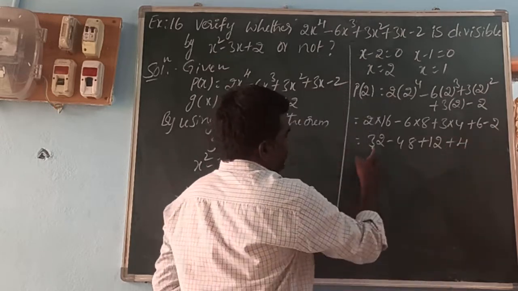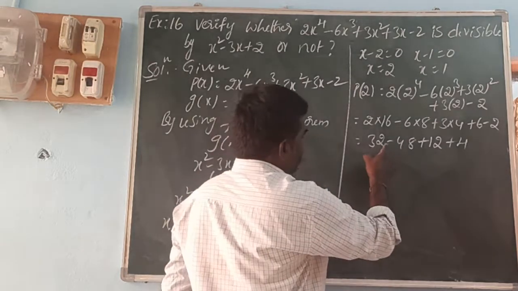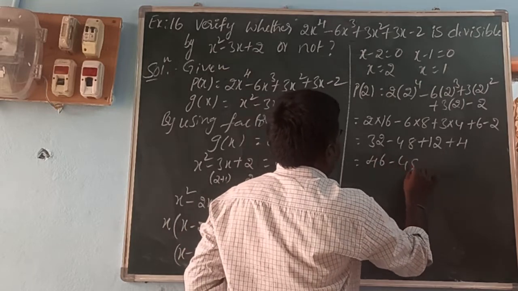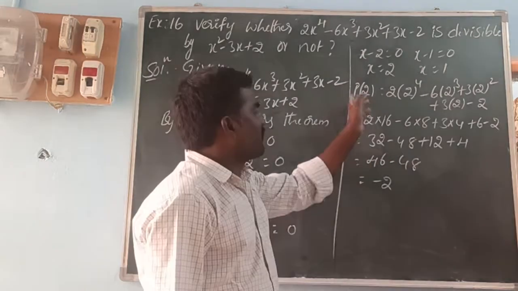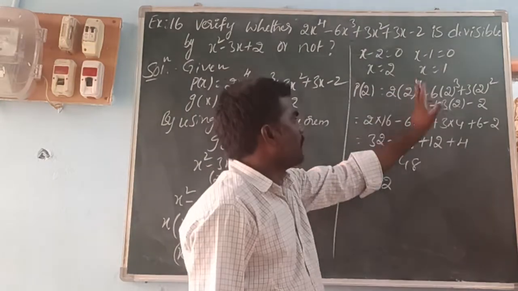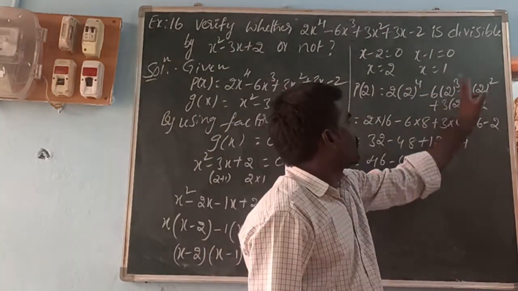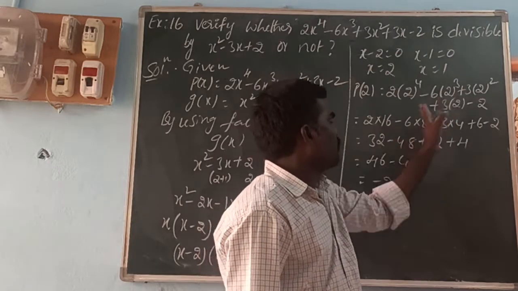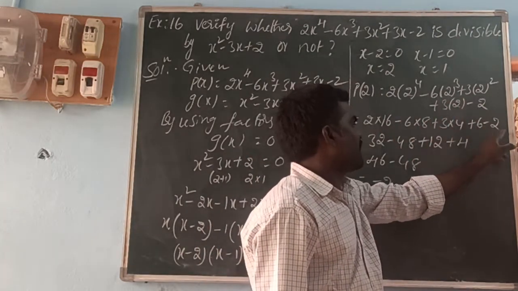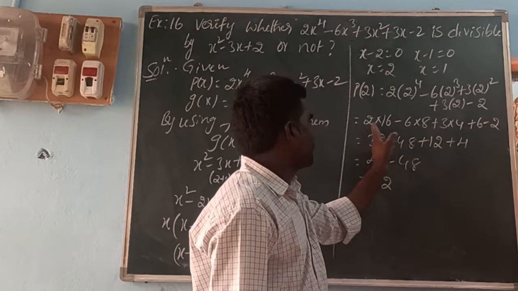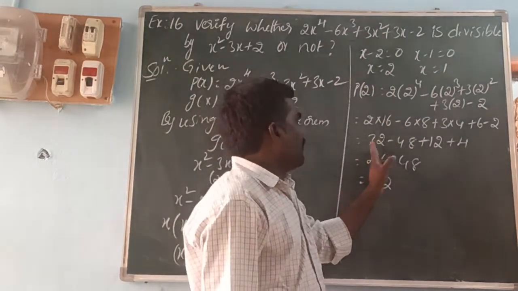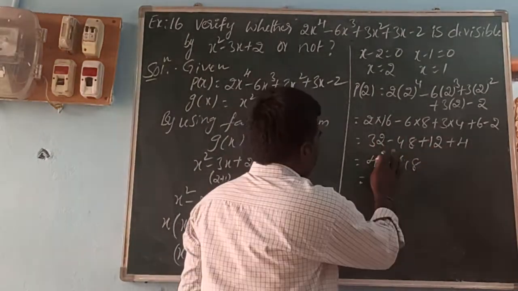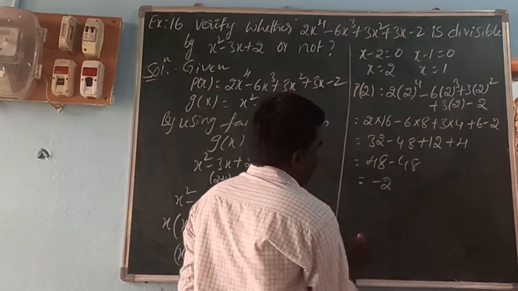Adding 32 + 12 = 44, 44 + 4 = 48, and 48 − 48 = 0.